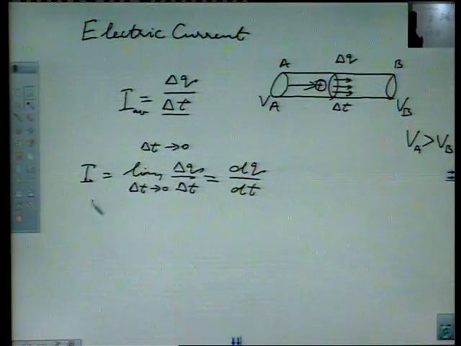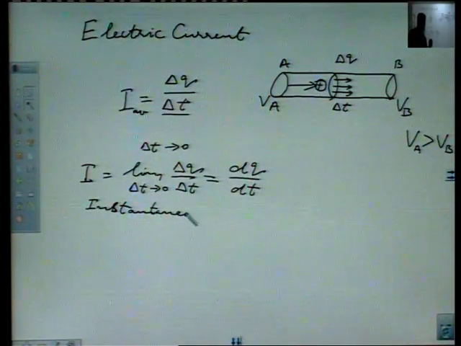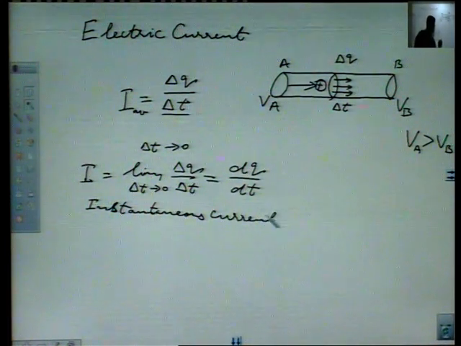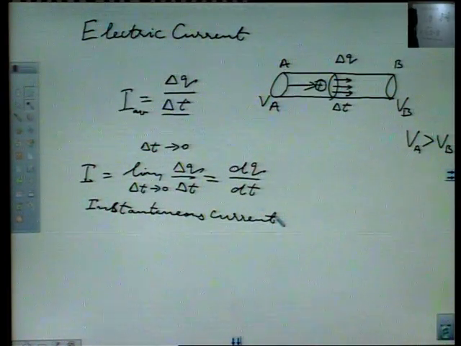This is called instantaneous current. So, instantaneous current is rate of flow of charge through the cross section of a conductor.